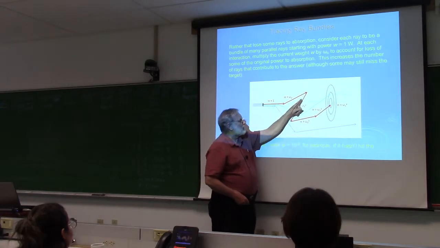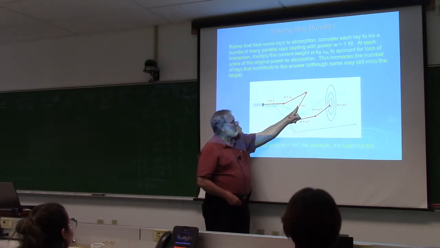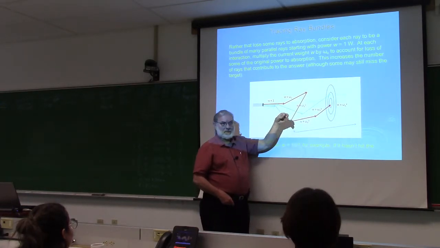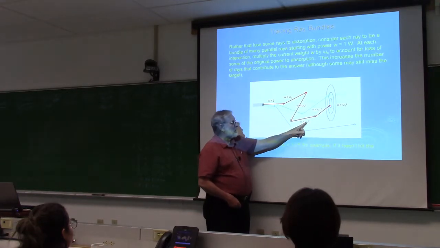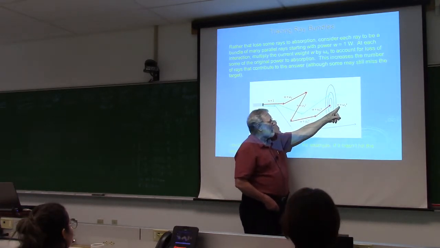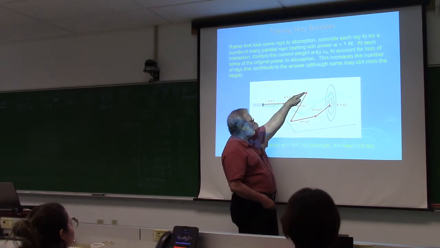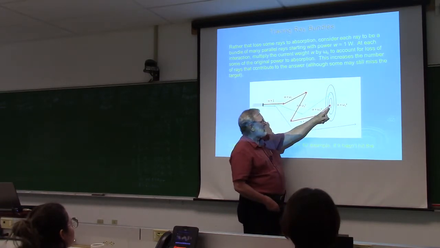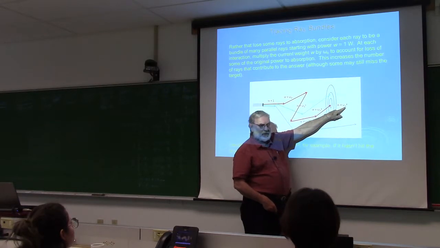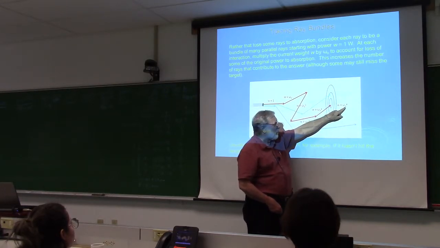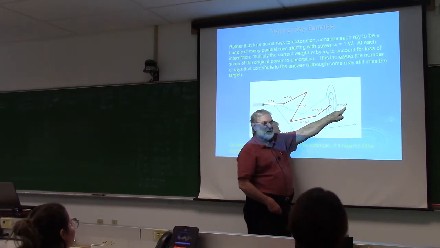And so at each scattering interaction, you multiply the current weight by omega naught. And then by the time you get over here, the weight would be, let's say in this case, there's been 1, 2, 3, 4 scatterings. The weight of the red ray here would be omega naught to the 4th.